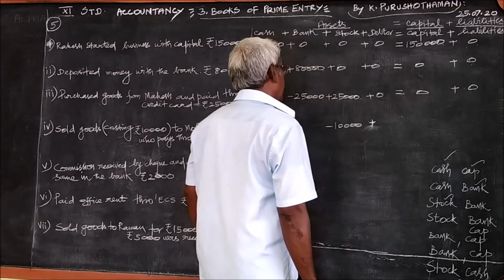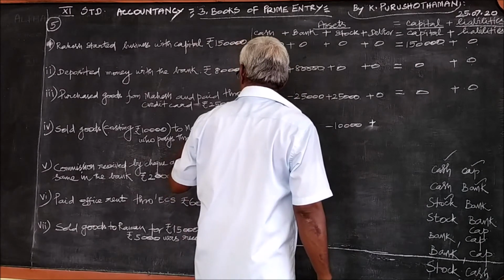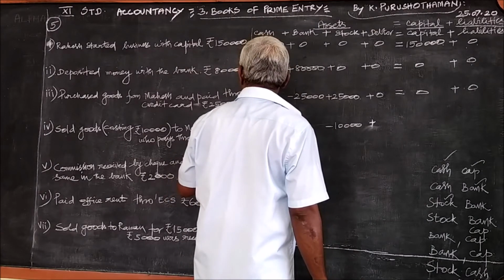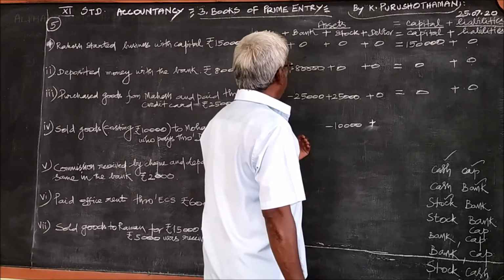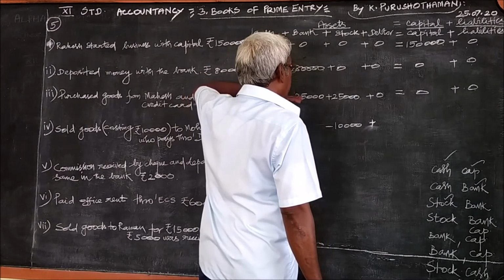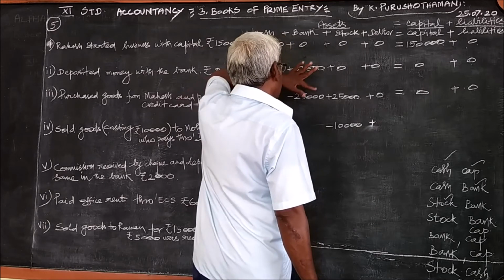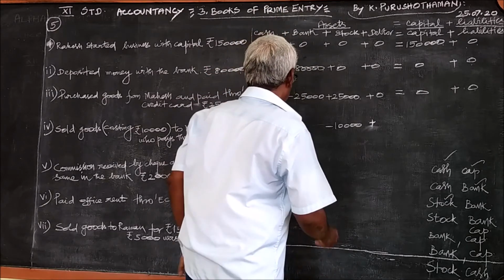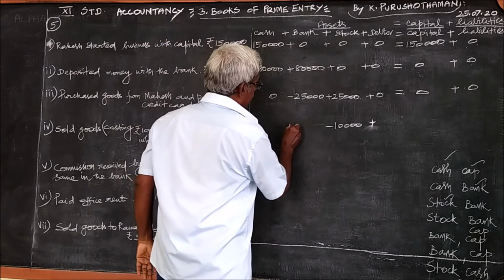Okay then? And how does he pay? This Mohan pays through debit card. He pays through debit card, it comes into our bank account. Therefore, this is plus 10,000.